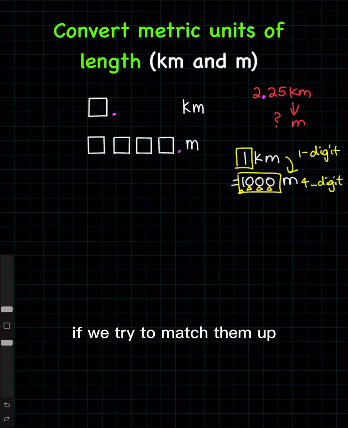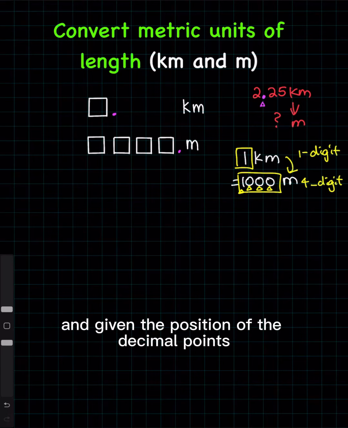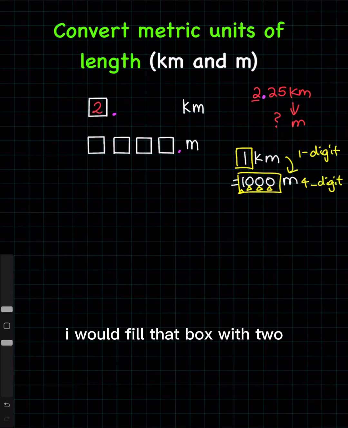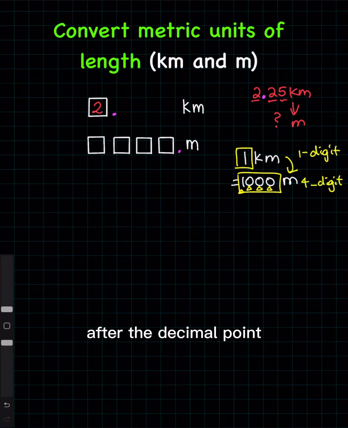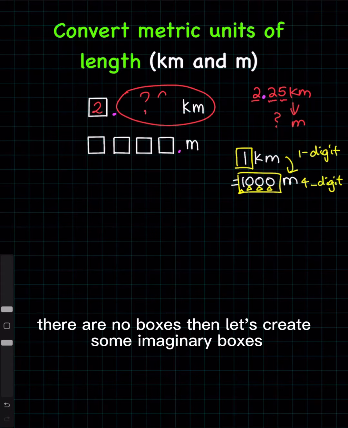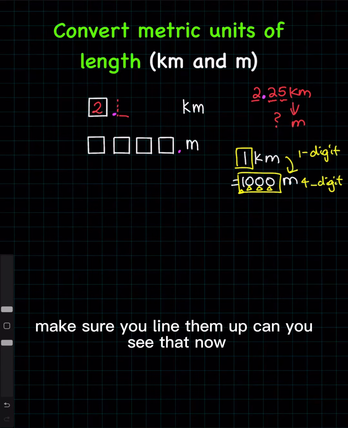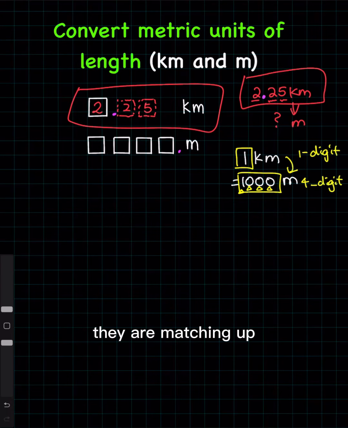If we try to match them up given the position of the decimal points, I would fill that box with 2. And now you would ask, how about the 2 numbers after the decimal point? There are no boxes. Then let's create some imaginary boxes. Make sure you line them up. Can you see that now they are matching up?